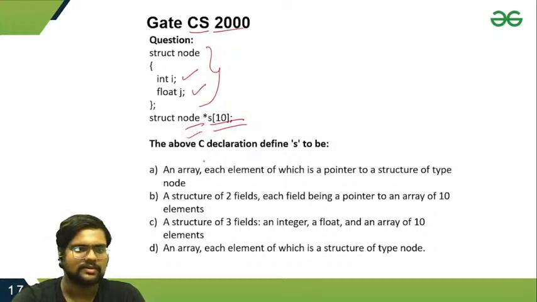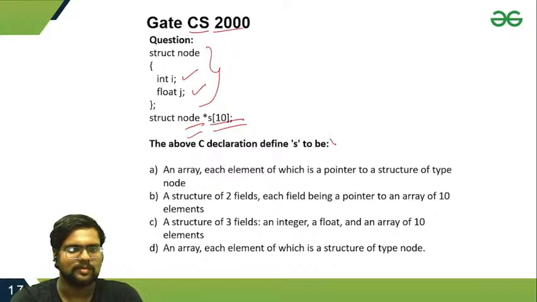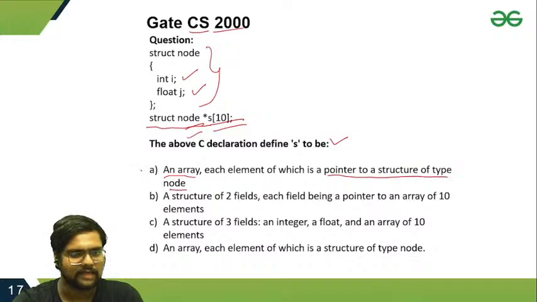The question asks what the C declaration defines. Since it is a structure pointer array containing 10 elements, it will be an array. Each element of the array will be a pointer to a struct of type node. So our option A will be correct.